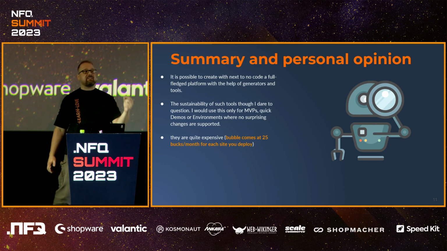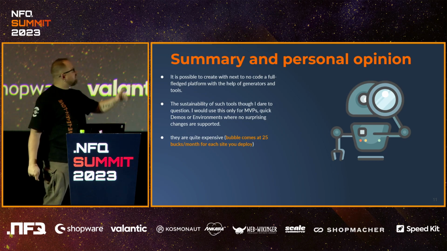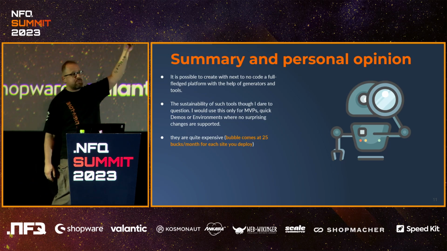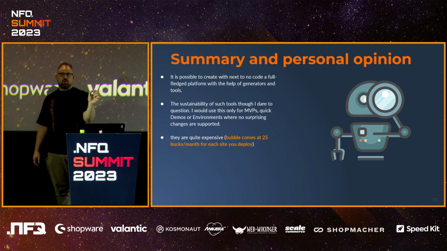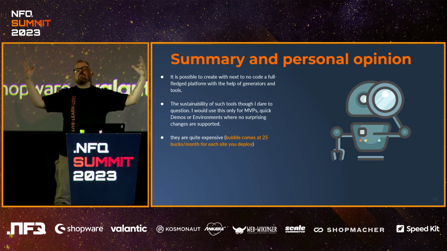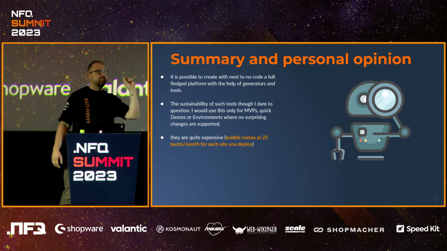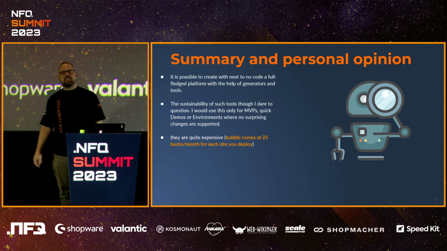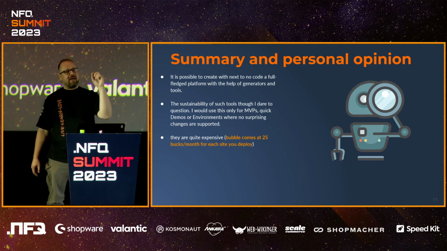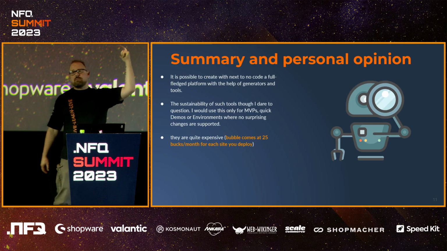Then they're quite expensive. As I said, Bubble here comes at $25 per month for each site you deploy. It's not like I pay $25 and can have as many websites as I want. It's one website, $25 per month. So that's around $300 a year. And there is no plugin involved. For every plugin, you also have a subscription, also per site. That means I now pay $7 for that MetaMask per month.